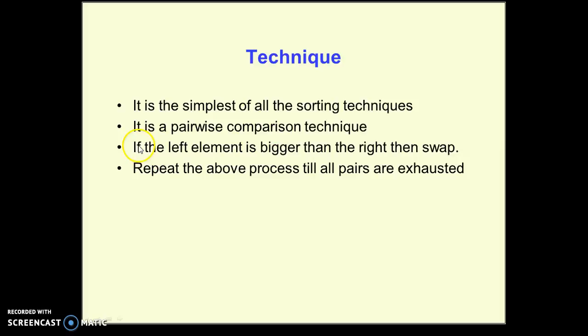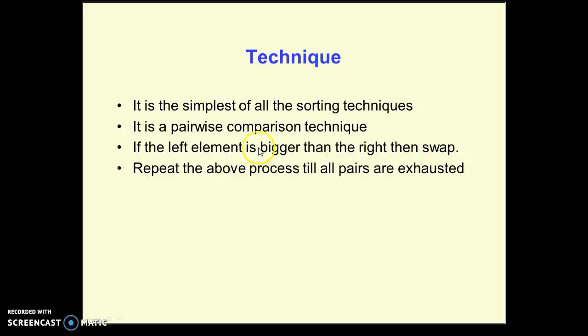The logic says this: if the left element in the pair is bigger than the right element, then swap. This holds good only if you want to order in ascending order. If you want to order in descending order, it is exactly the otherwise: if the left element is smaller than the right element, then swap.